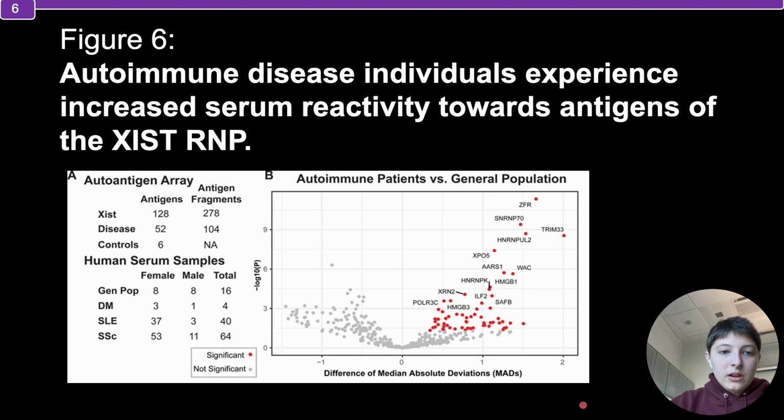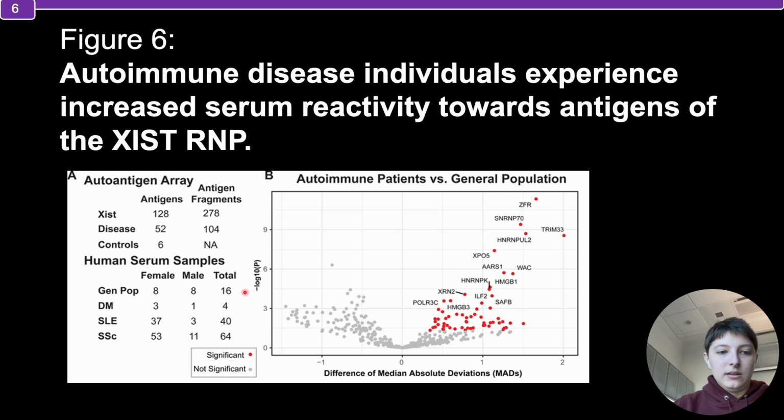So the controls, okay, so yeah, this is the thing that we're actually testing for. We're looking at autoantigens, and then we're comparing those between diseased individuals and non-diseased individuals.